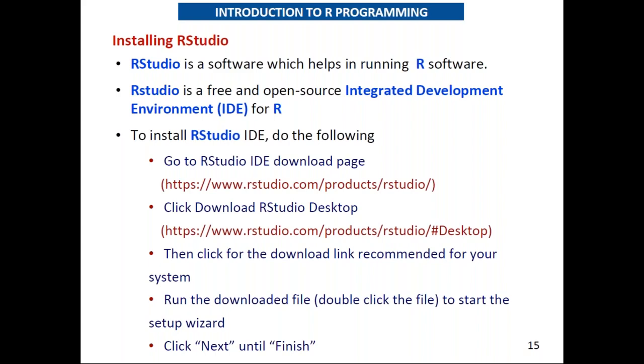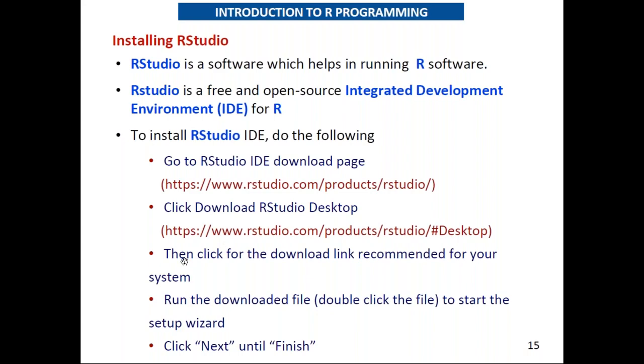Under that you can type products, under that RStudio, or directly you can copy this URL and paste in our browser. It directly goes to the respective page and click on download RStudio desktop version, or this is the direct URL for that.